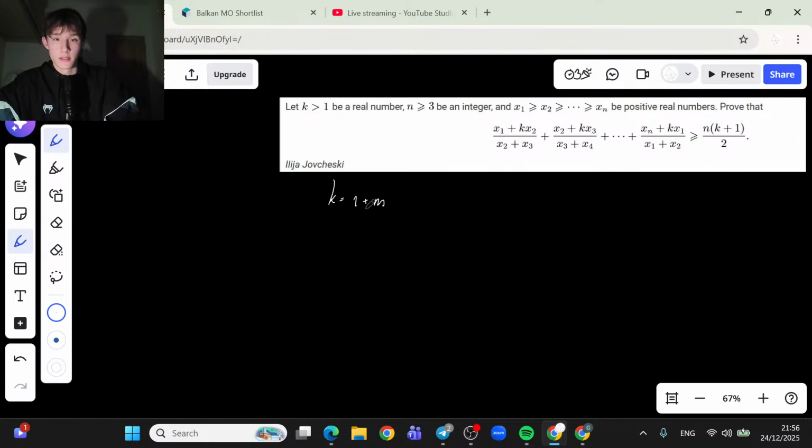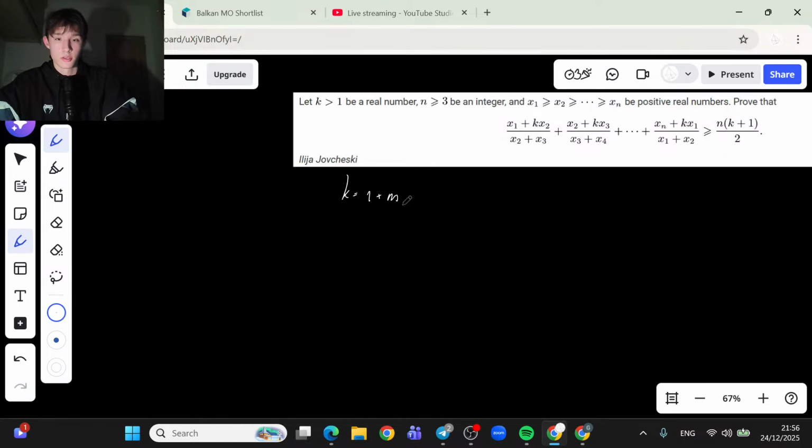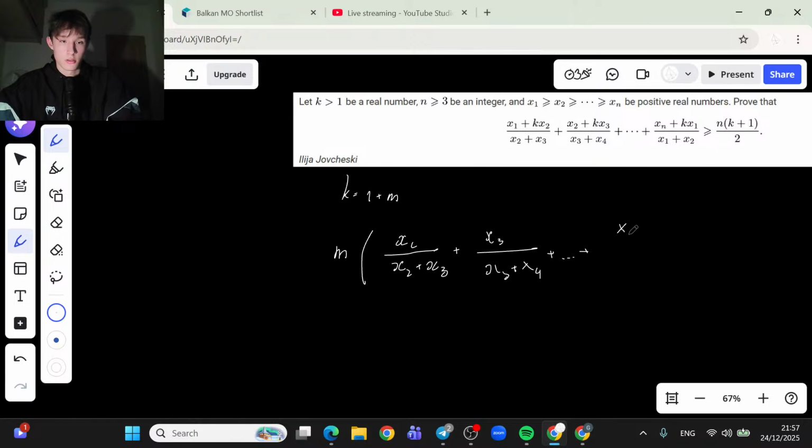And then I say that the thing is equal to, we can then just factor the m out and say that it's equal to m, and then x2 over x2 plus x3 plus x3 over x3 plus x4. And then I continue and I add essentially x1 over x1 plus x2.